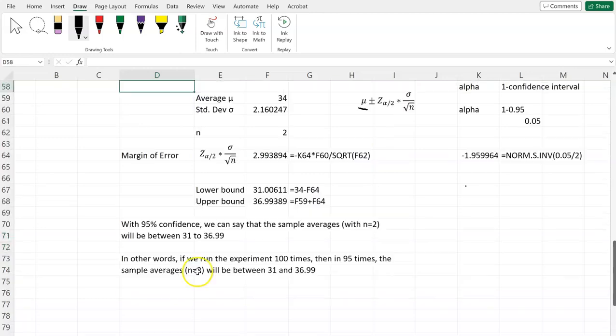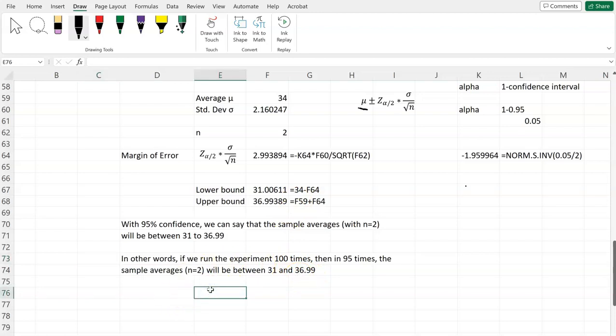In other words, if we run this experiment and take 100 different samples from this population with n equals 2, then 95 times, or 95% of the time, the averages will be between 31 and 36.99, slightly above 31 and less than 37. So it's giving us some idea.